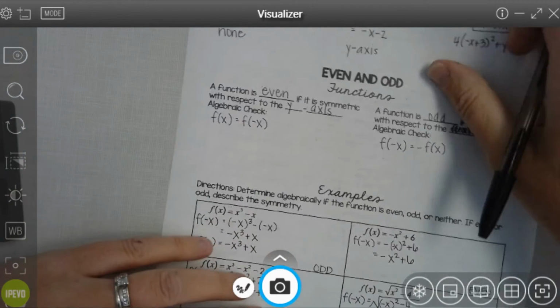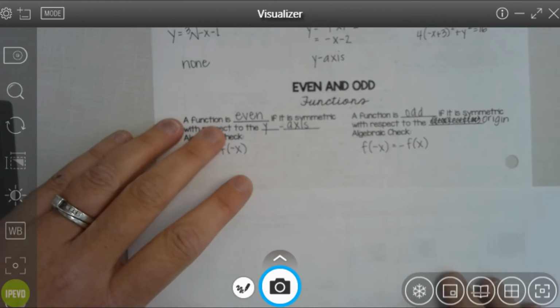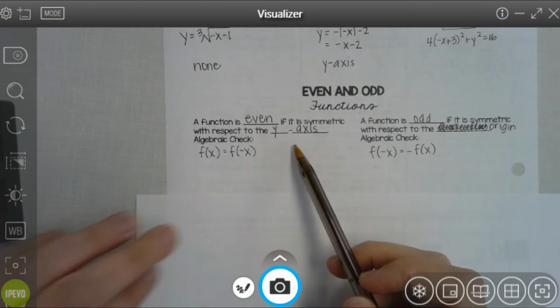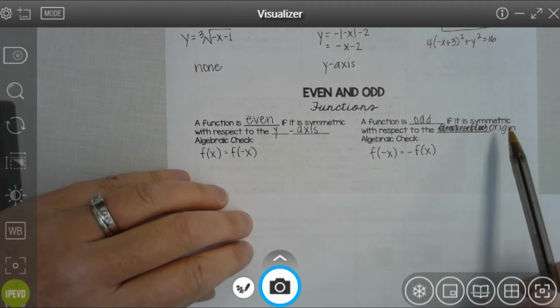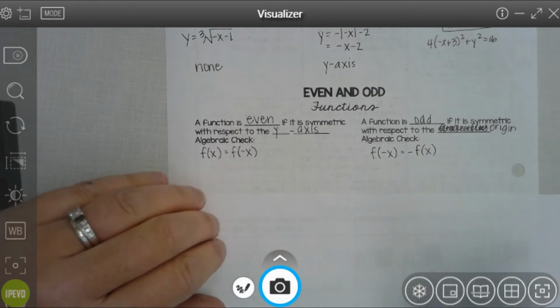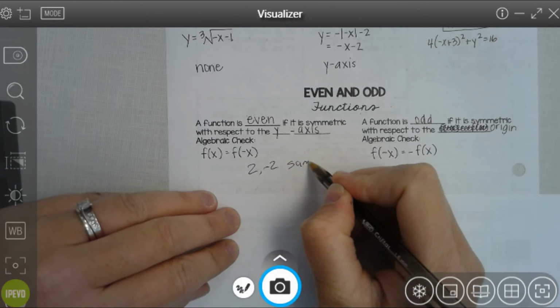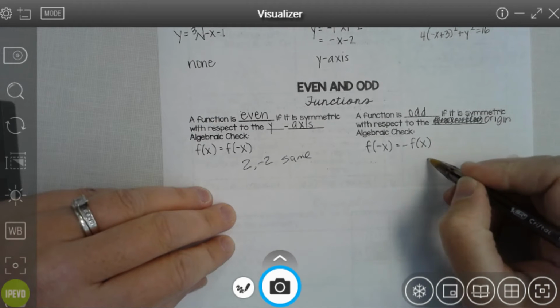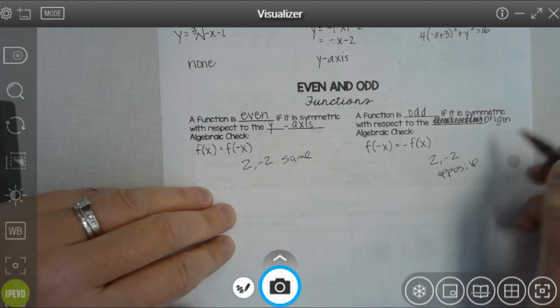So down here is what I was just saying a second ago, your even and odd functions. A function is even if it's symmetric about the y-axis, and it's odd if it's symmetric about the origin. So that's the double reflection. This means if I plugged in 2 and negative 2, I'm going to get the same answer out for even. And for this one here, if I plugged in 2 and negative 2, I should get the exact opposite answers out.